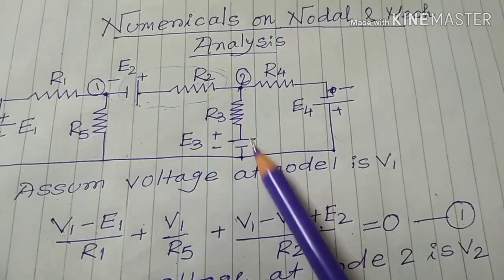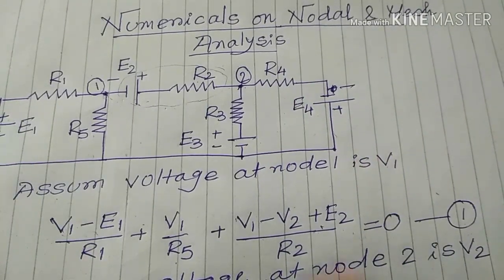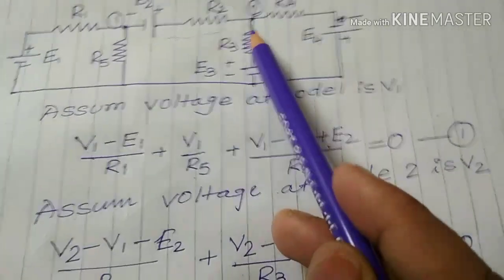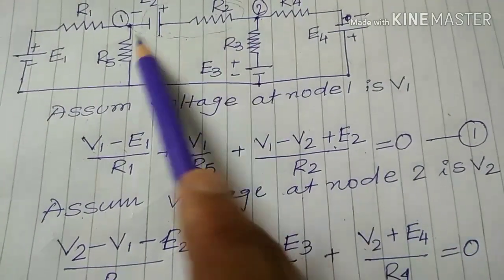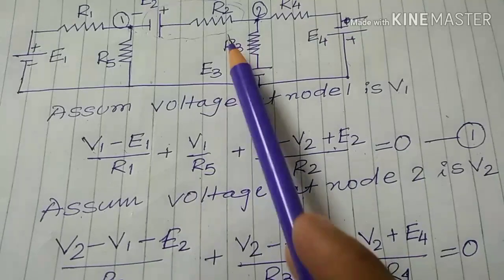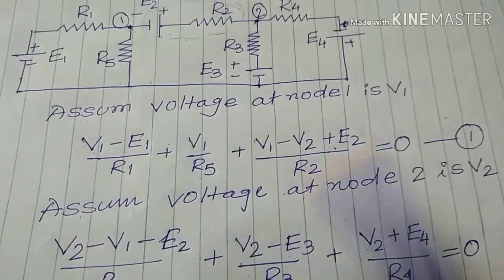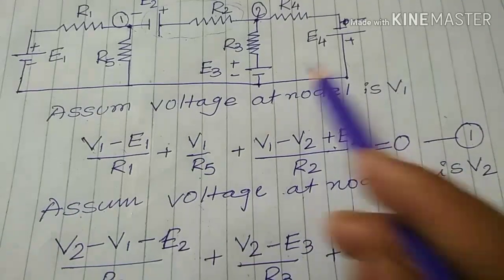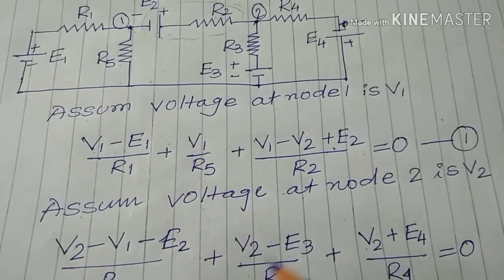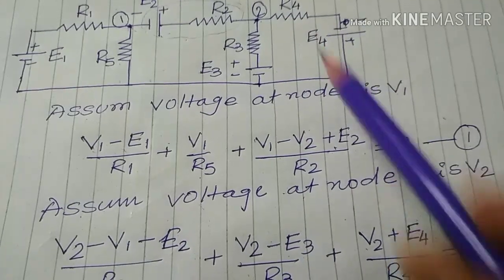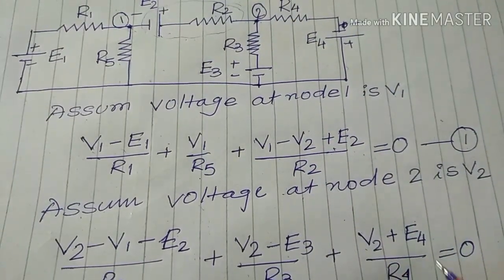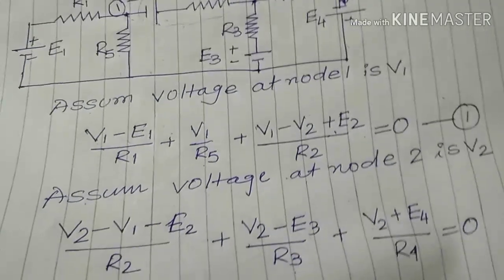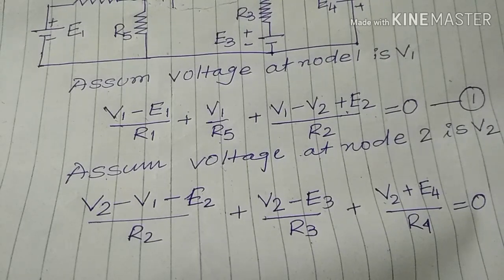There are 3 outgoing currents, and all outgoing currents are taken as positive. So V2 minus V1 minus E2, because plus to minus, divided by R2. This is the current through this branch. In this branch, V2 minus E3 by R3, and in this branch, V2 plus E4 by R4, equals 0. So this is the equation for node 2.